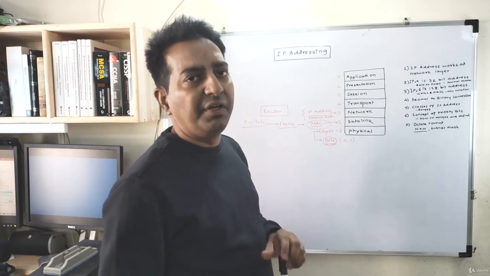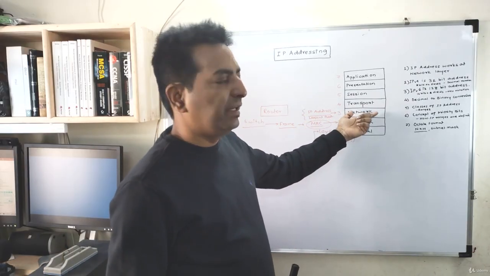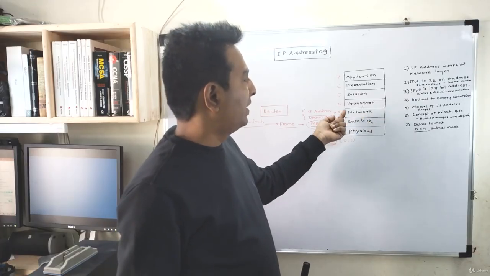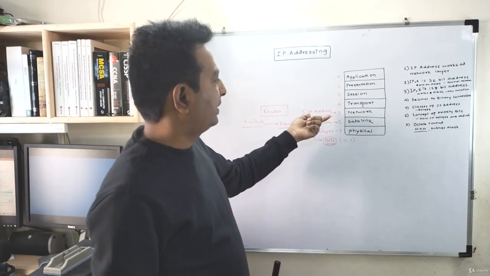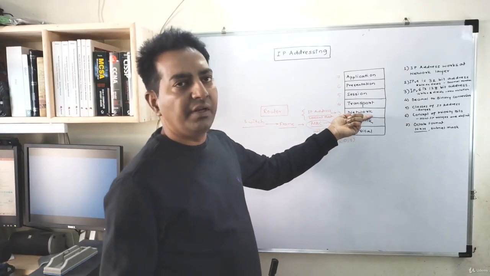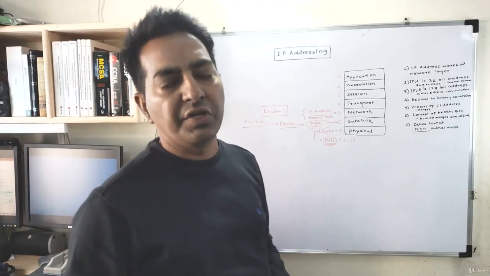So friends, for this session, it is important to know that an IP address works at the network layer, which is layer 3. So it's a layer 3 address or a network layer address, and that is why we call it a logical address.